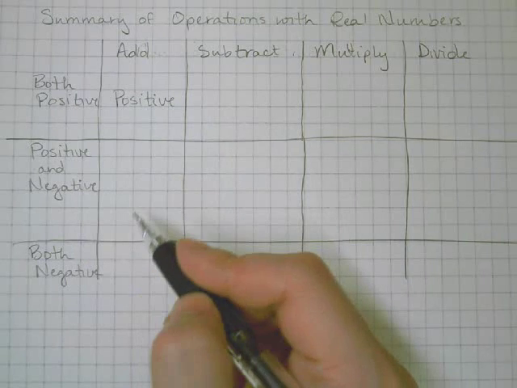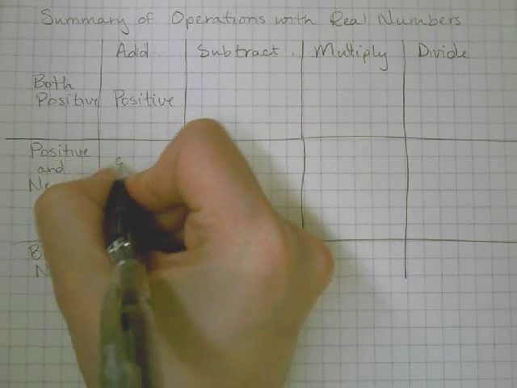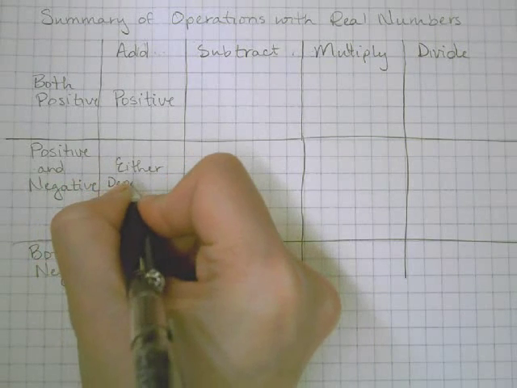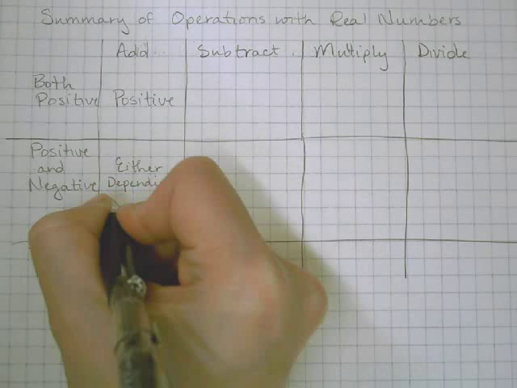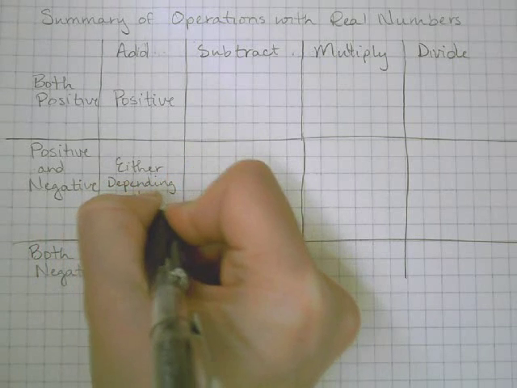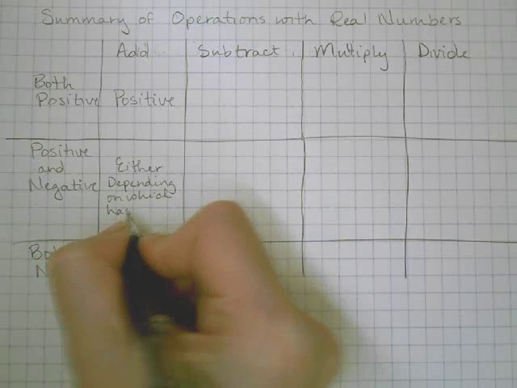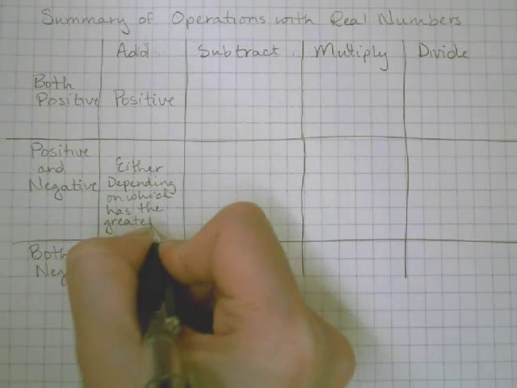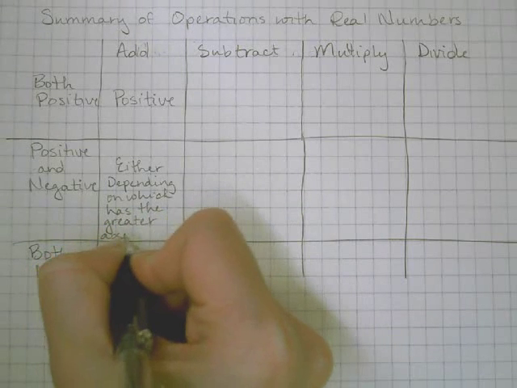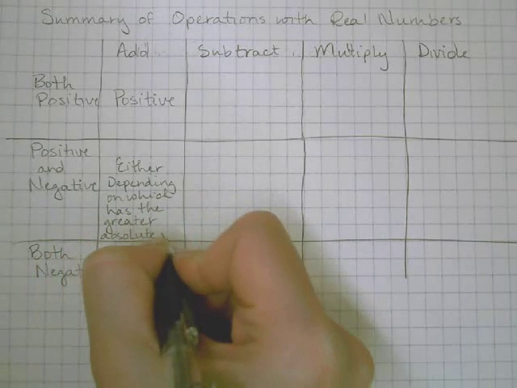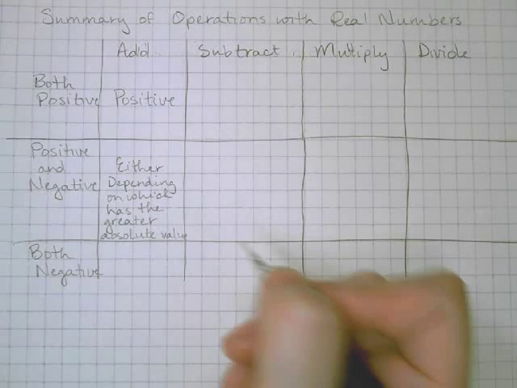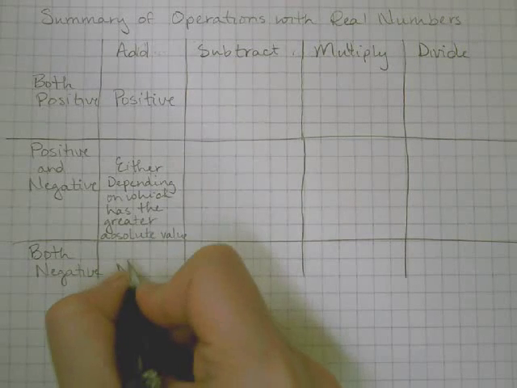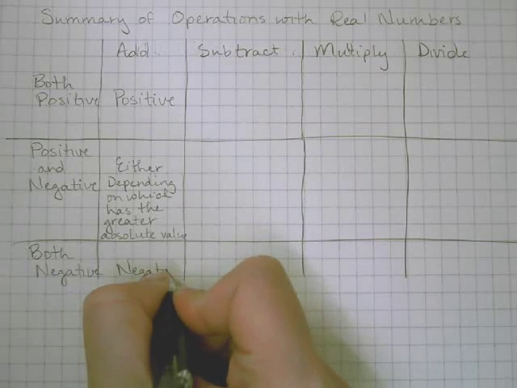It could be either, depending on which has the greater absolute value. If they're both negative, your answer is going to be negative. That's when we are adding.